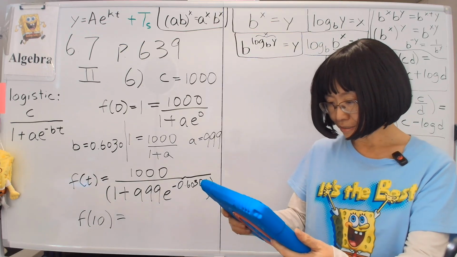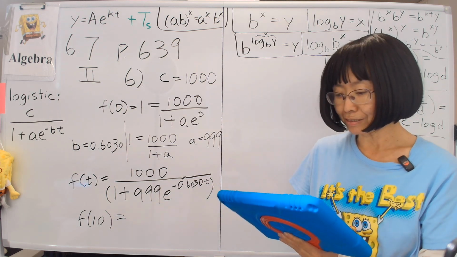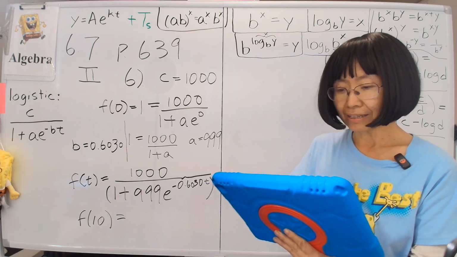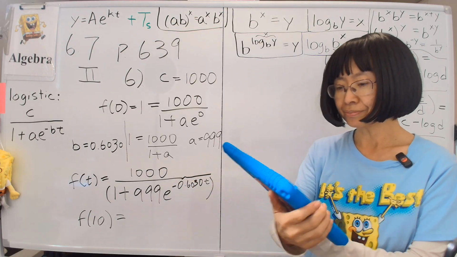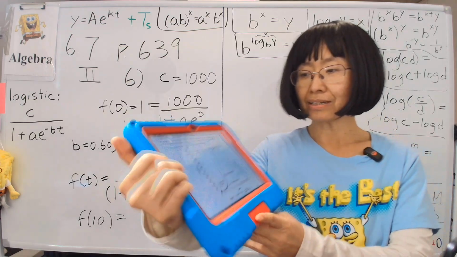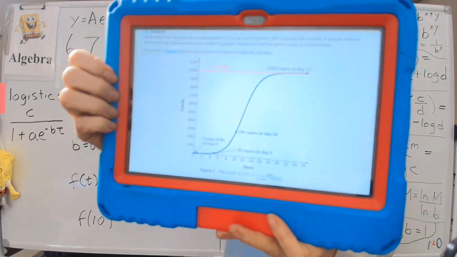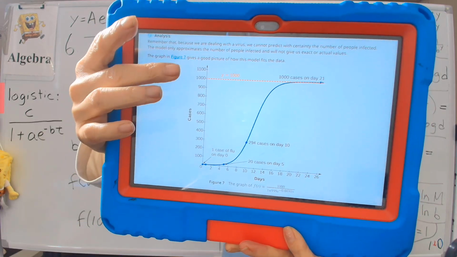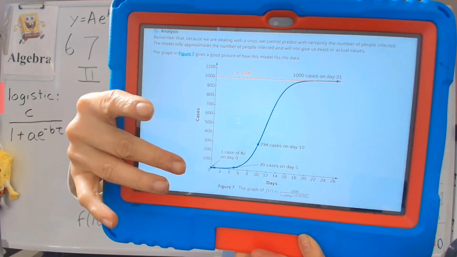Now, the next question is, what happens after a lot of time has passed? In other words, if you graph this thing in the calculator, what happens? Well, according to this model, if you graph this in the calculator and zoom out a little bit, you have to reset the y-axis to like 1100.